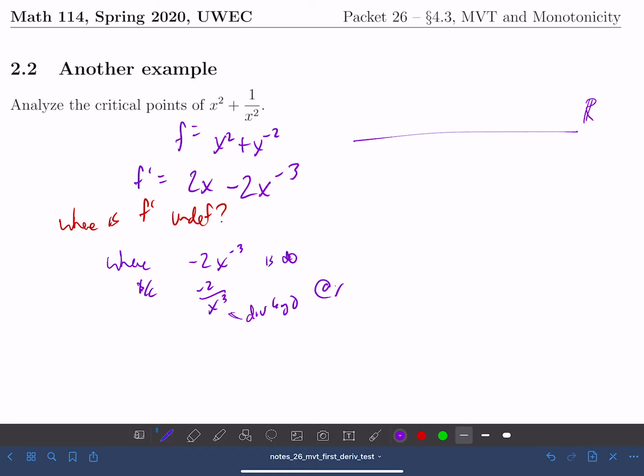And so that's at x equals 0. The other part of this function, this 2x here, can't possibly contribute to that statement.